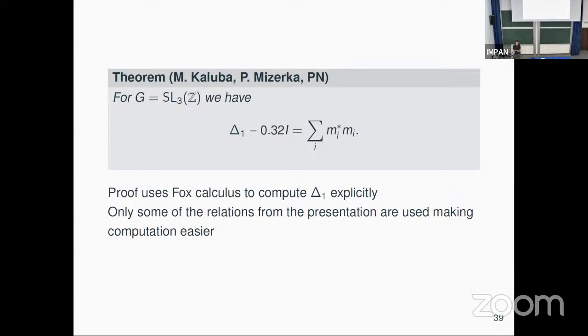Other than the analogy between SLn, mapping class groups and Aut(Fn), which was one way of estimating which groups should have it. But that's about it.